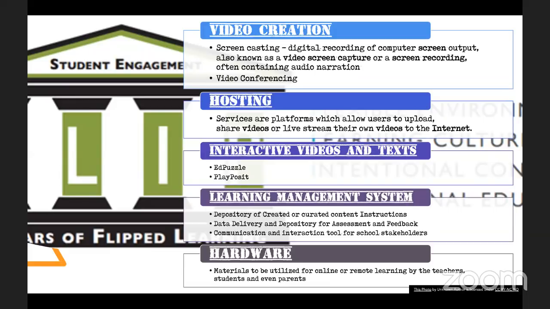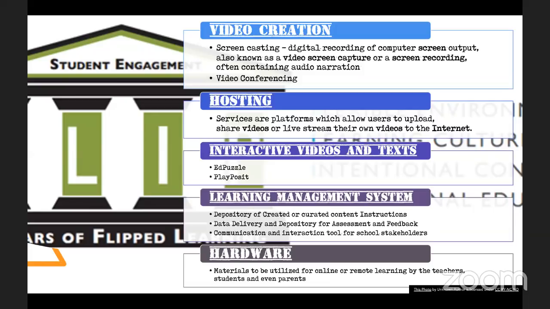Learning management system. What are learning management systems? It's essential these days to always consider a safe and secure environment. That's why we highly recommend that you choose a learning management system where you can easily deposit or create your content for your instruction. You can also deliver your data, and it could also be a depository of assessment and feedback, not only for your students, but even for the content that you're creating yourself.